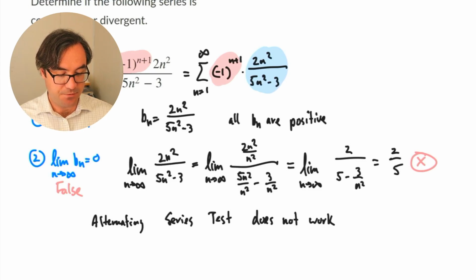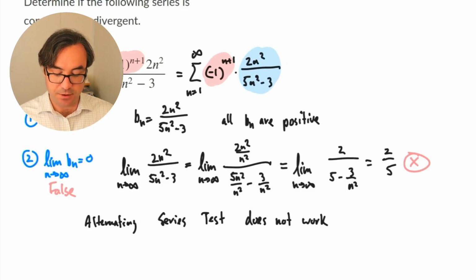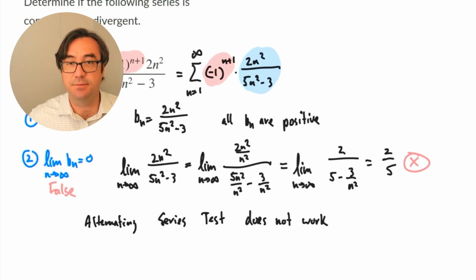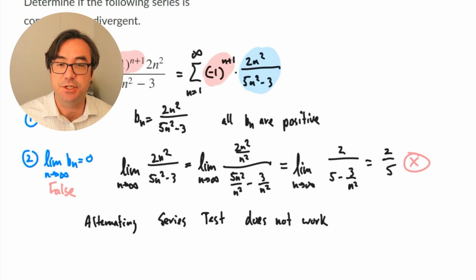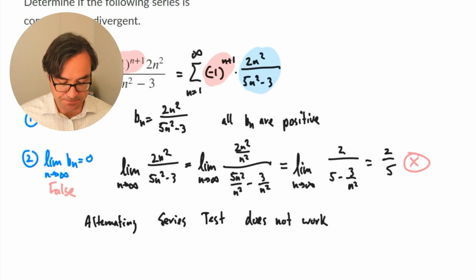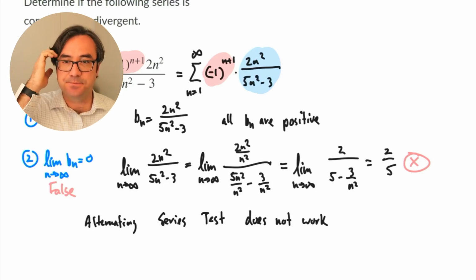So this is why it's helpful to show that the limit of b_n is 0 first, because sometimes you might get something where it's not 0, in which case the alternating series test doesn't work. So you don't even want to go on and prove that it's a decreasing sequence. Okay, so what are we going to do instead?